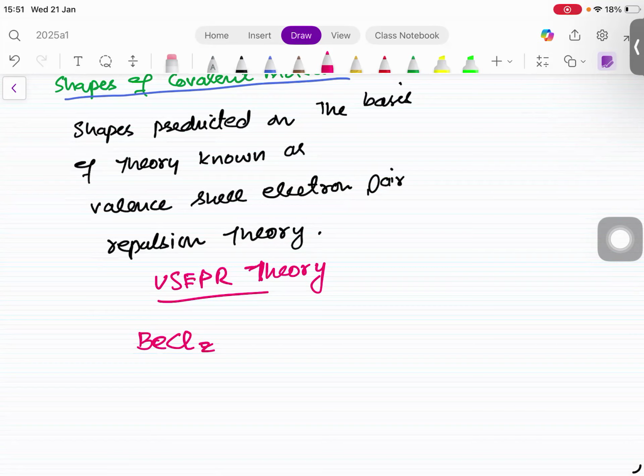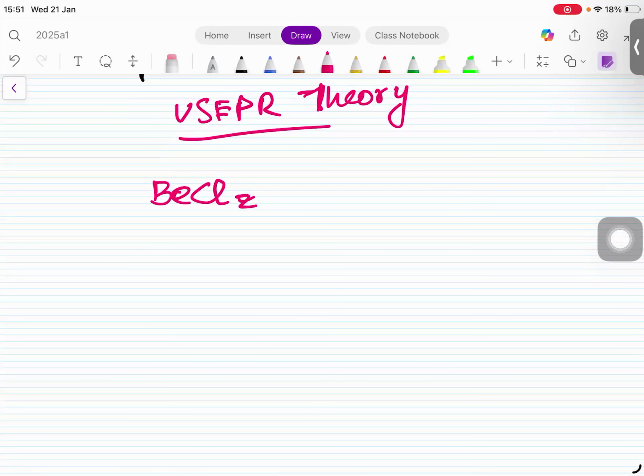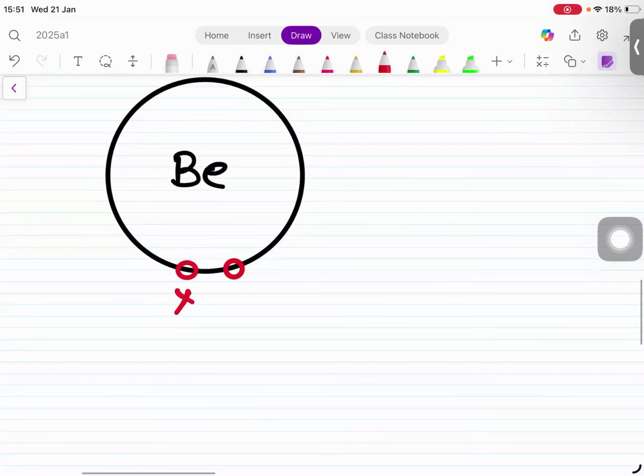Now listen, look at what the VSEPR theory says. If you draw the dot and cross diagram, for example, this is Be. Beryllium is in group 2, having how many electrons? 2. It shares 1 electron with each chlorine.